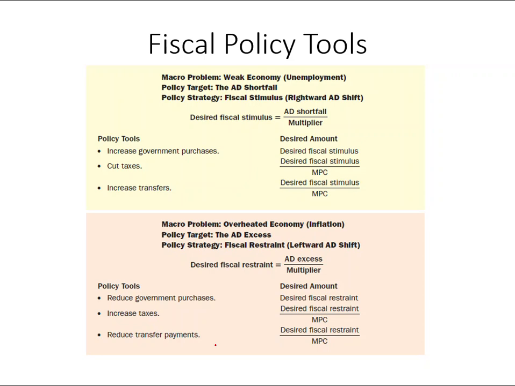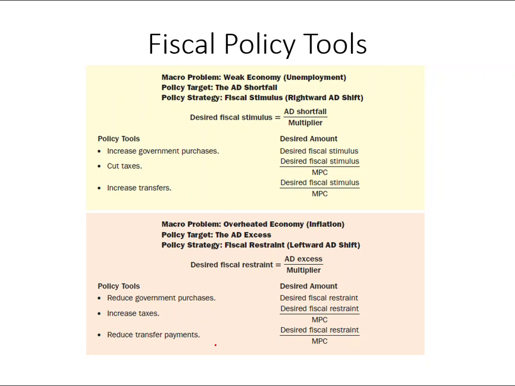When we talk about fiscal stimulus, we have the AD shortfall, and when we talk about fiscal restraint, we have the AD excess. That's why the numerators look different. However, the denominators are the same, the multipliers.